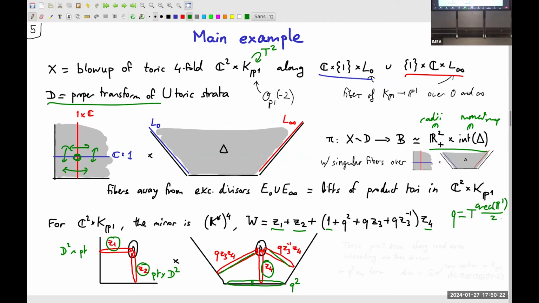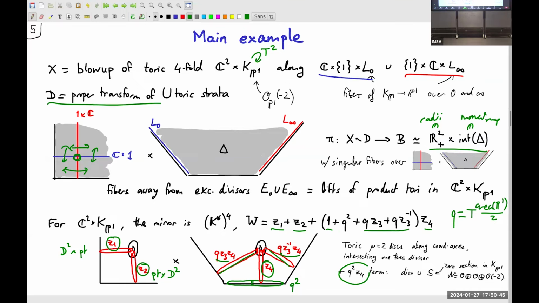Okay. So normalizing things suitably, you can arrange that these are QZ3Z4 and QZ3^{-1}Z4. And then we see the first hint of weirdness compared to the initial toric Fano prescription. This is not Fano because of that zero section having the wrong Chern number. There's going to be this extra term, Q squared times Z4.